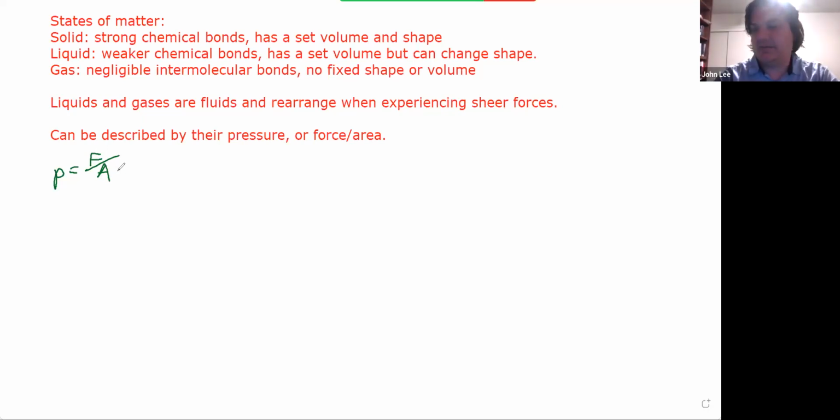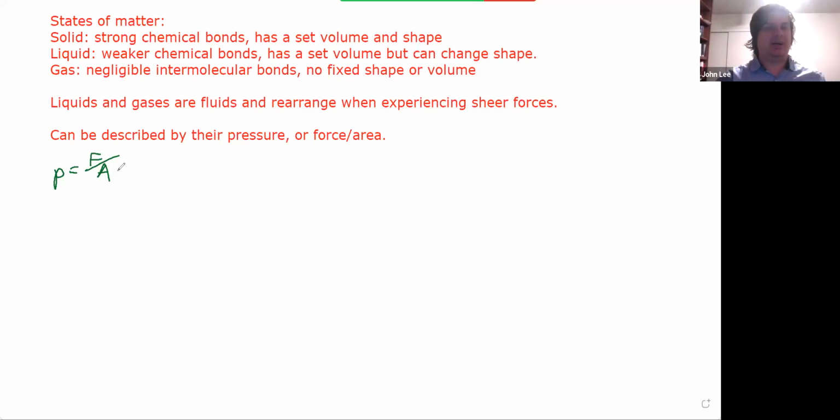You've experienced it when you're in a room with low atmospheric pressure versus high atmospheric pressure, or when you fill your car tires up with a lot of air, that's going to give you pressure as a function of how much gas there is in there.